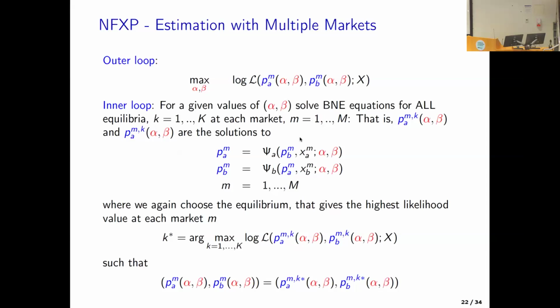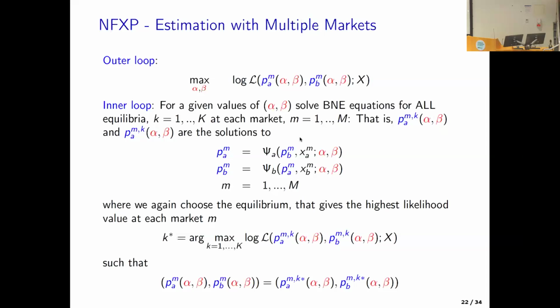Okay, so here's the estimation with multiple markets. We're still going to try to maximize this likelihood, and now this likelihood is defined over these market-specific likelihoods. For a given value of alpha and beta, we're going to solve the Bayesian-Nash equilibrium equations for all these different markets, capital N of them, or 25 different markets.